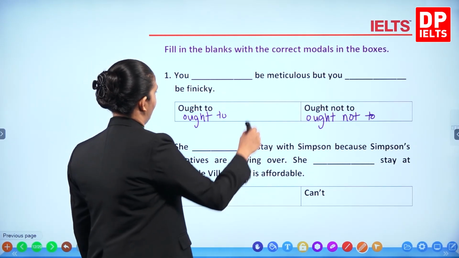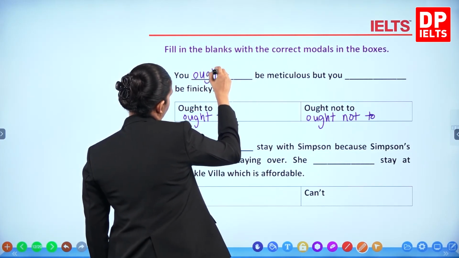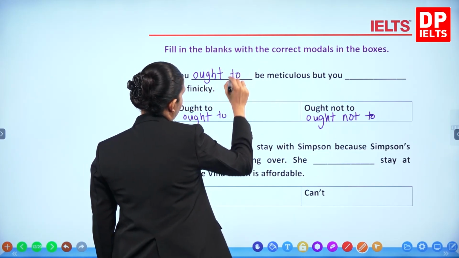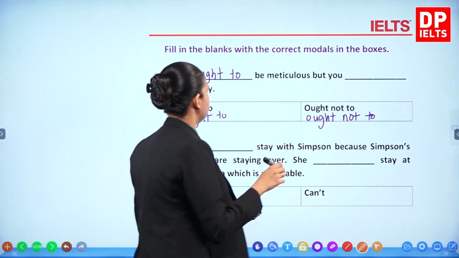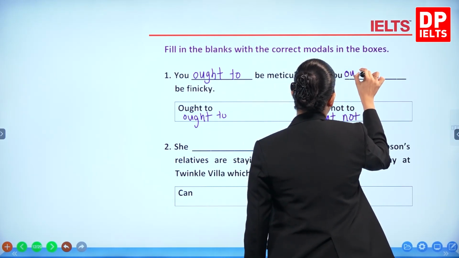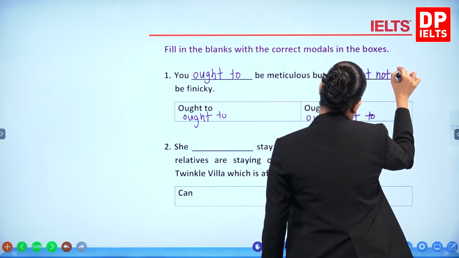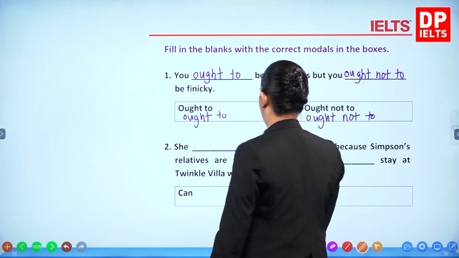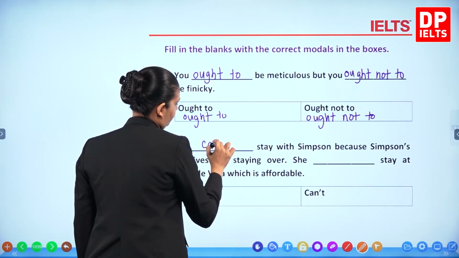You ought to be meticulous. You have to look at every detail, but you ought not to be finicky. You have to look at every detail, but not complain about everything. Okay? She can't stay.